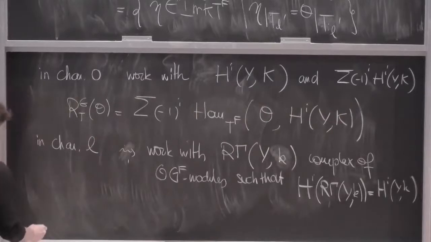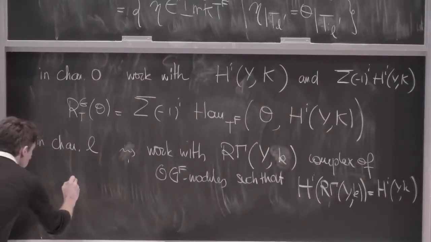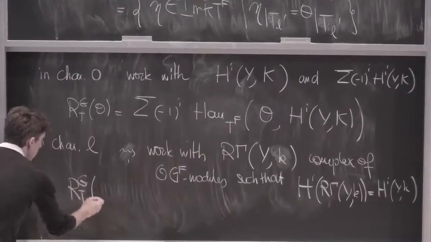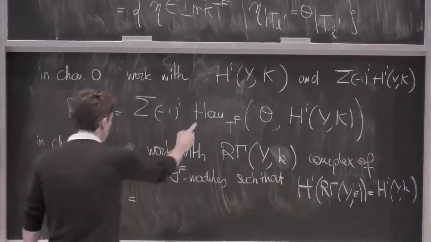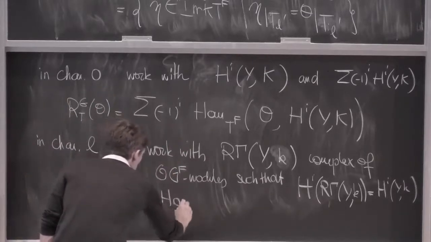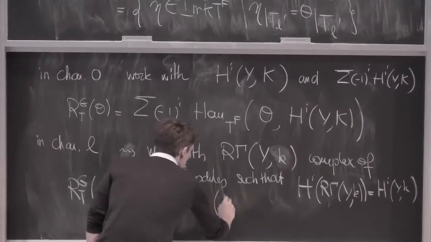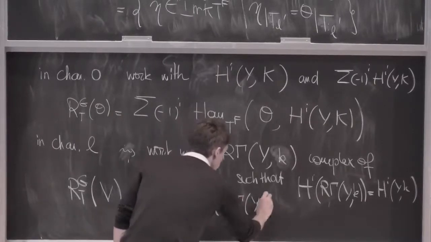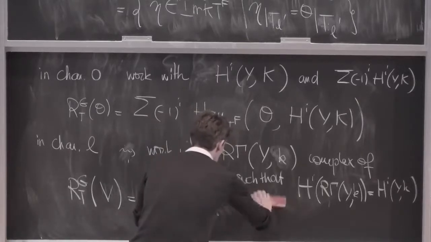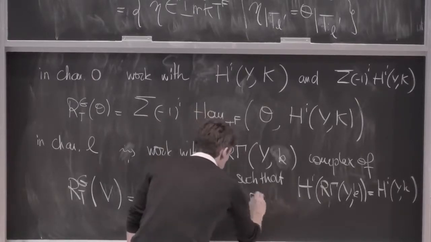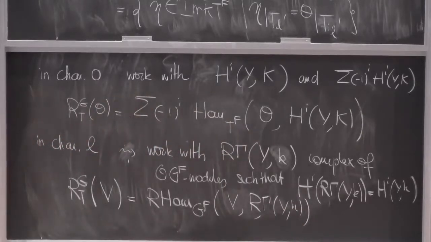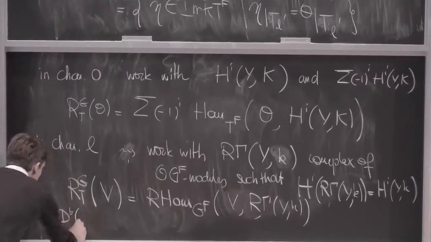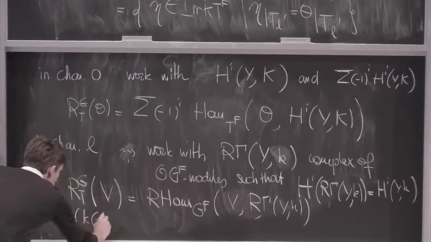And now you can do the same construction, but in a more functorial way. You take any representation V, and you can look at the hom from that complex to the representation, from the representation to the complex. Okay, so now it's really a functor in the derived category. So it's something which lives in the bounded derived category of GF modules.